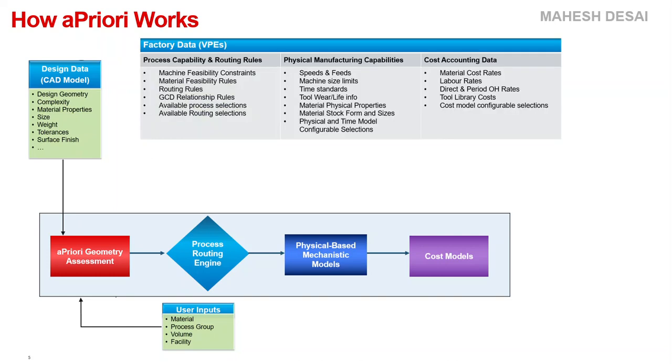The third is the factory data, or VPEs. VPE is a virtual production environment. Here all the information about the factory is present, like machines, machine size limits, speeds, feeds, and cost accounting data like material cost, labor rates, and direct and period overhead rates.